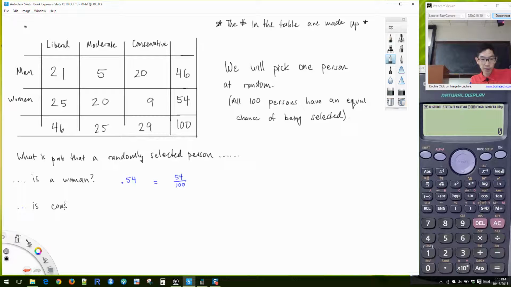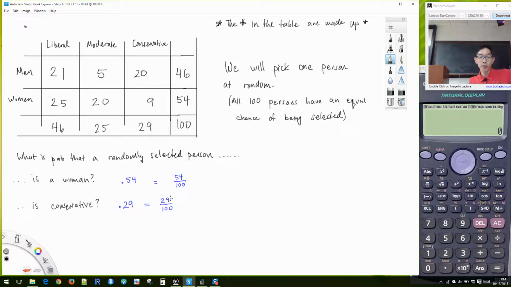Okay. All right. We could ask, what is the probability that a randomly selected person is conservative? Okay, and your answer there would be 0.29, right? So we do 29 divided by 100.